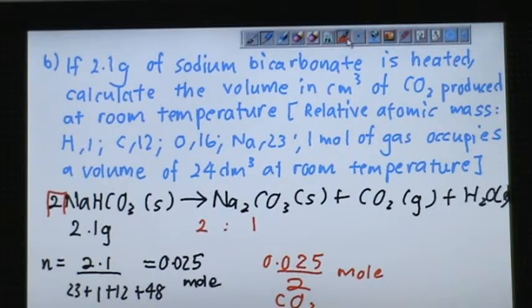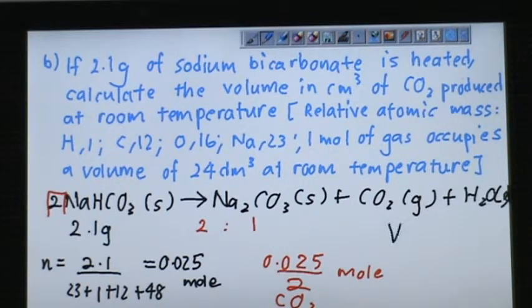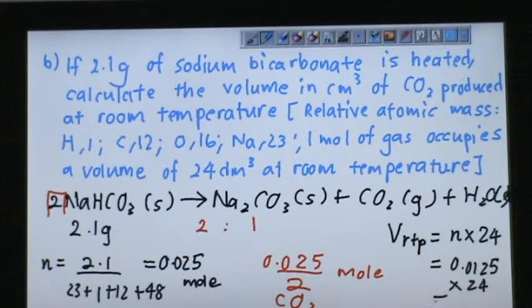So we use the formula, if you could remember, V at RTP equals the mole times 24. So in this case, you have 0.0125 times 24.